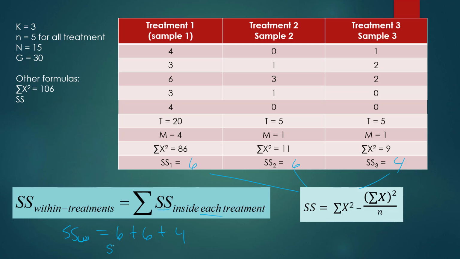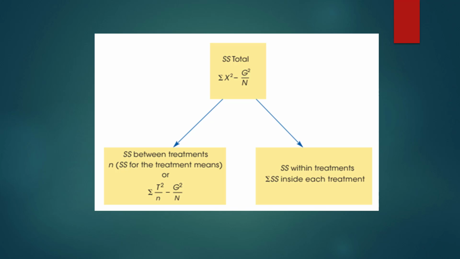So this is the sum of squared deviations for sample 1, for sample 2, and for sample 3. We add those all up to give us 16. So now we know that this value we calculated, the total, was 46, and this value we calculated, within, was 16.